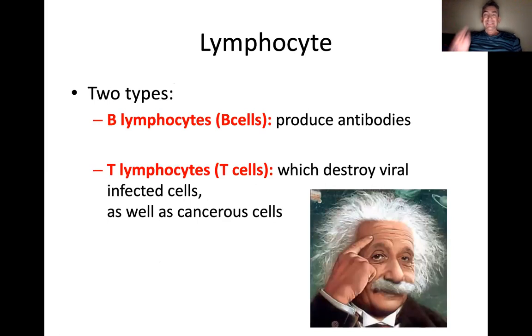Lymphocytes are the Einsteins of the white blood cells, the thinkers, the sort of complex behavior, thought process, strategy. That's what we get from the lymphocytes.